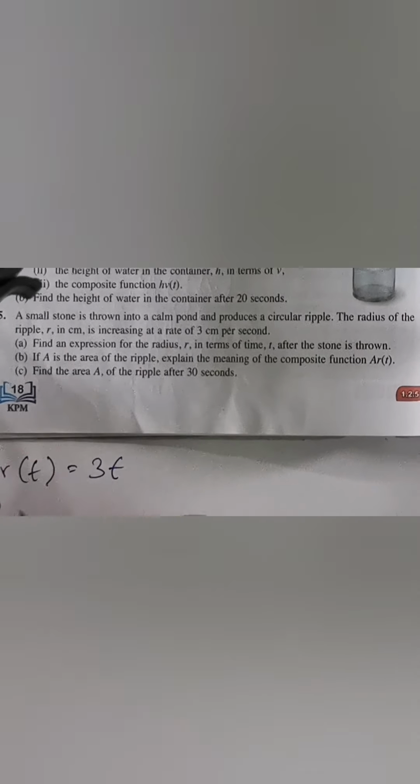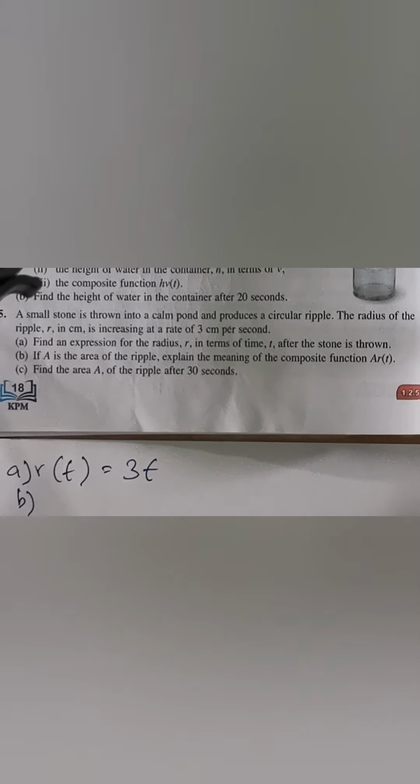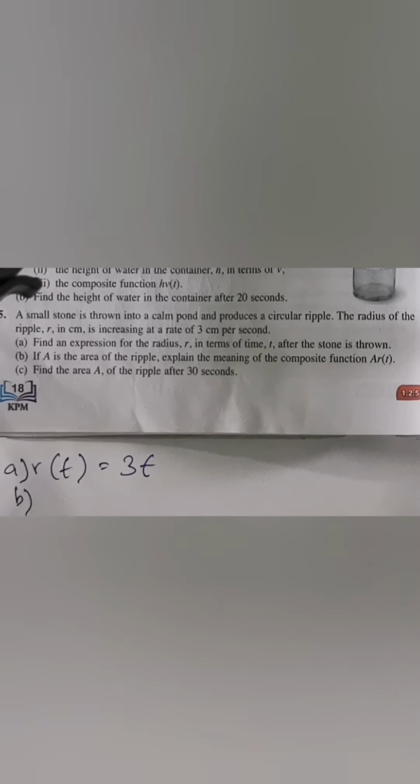B. If A is the area of the ripple, explain the meaning of the composite function A(r(t)).